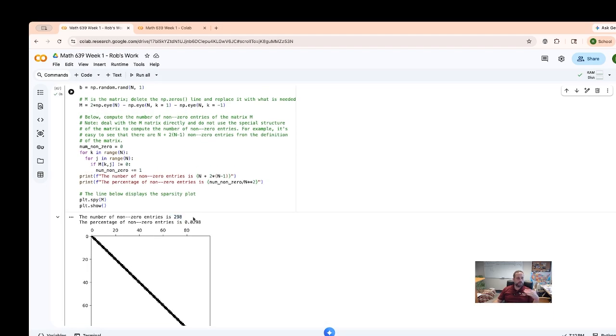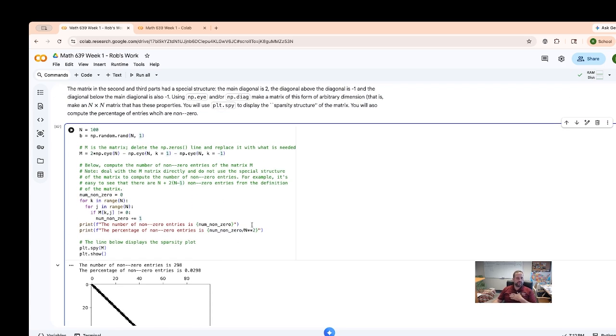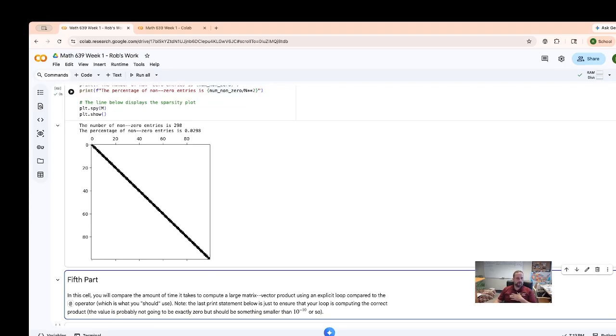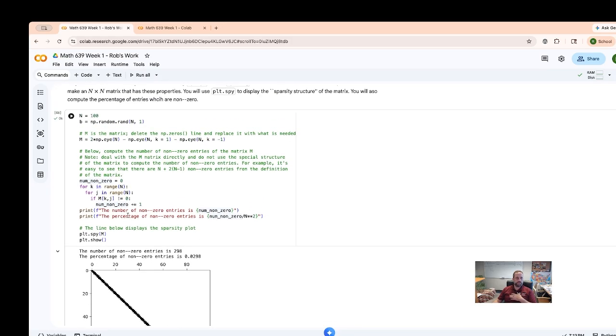This just gives me confidence in this formula; I'm just testing my algorithm. Now the total number of entries in the matrix is n squared, and so the percentage of non-zero entries is going to be the number of non-zero entries divided by n squared, which is what we have here.